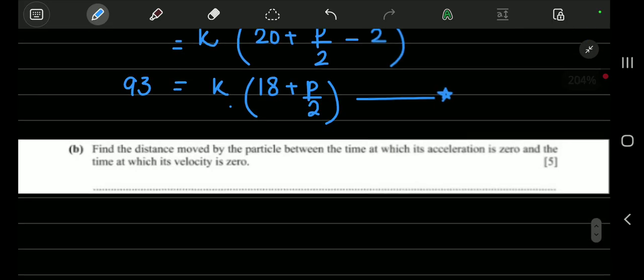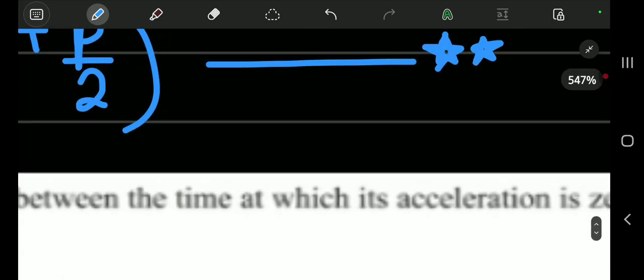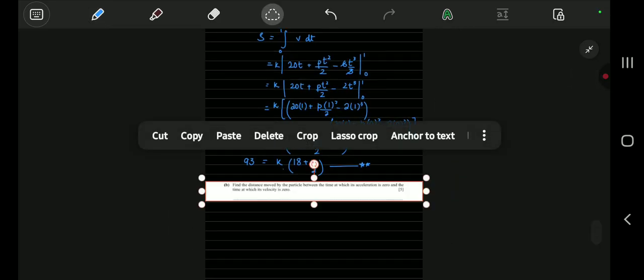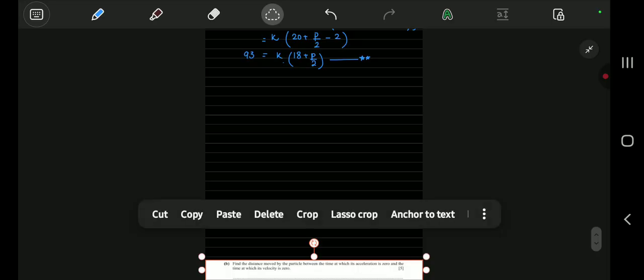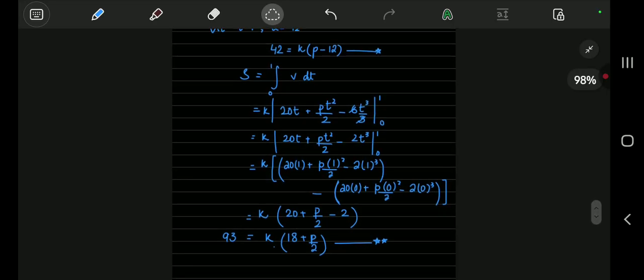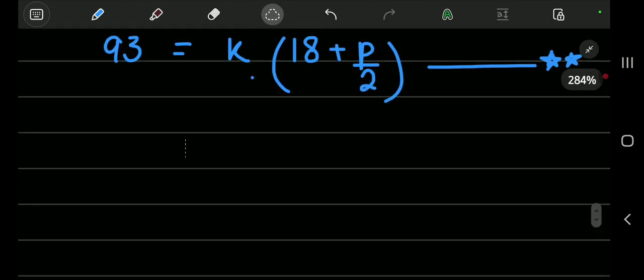Now solving these two equations simultaneously. Equation 1 is 42 equals k times (p minus 12). So let's take the value of k and substitute it in the second equation. k is equal to 42 over (p minus 12).